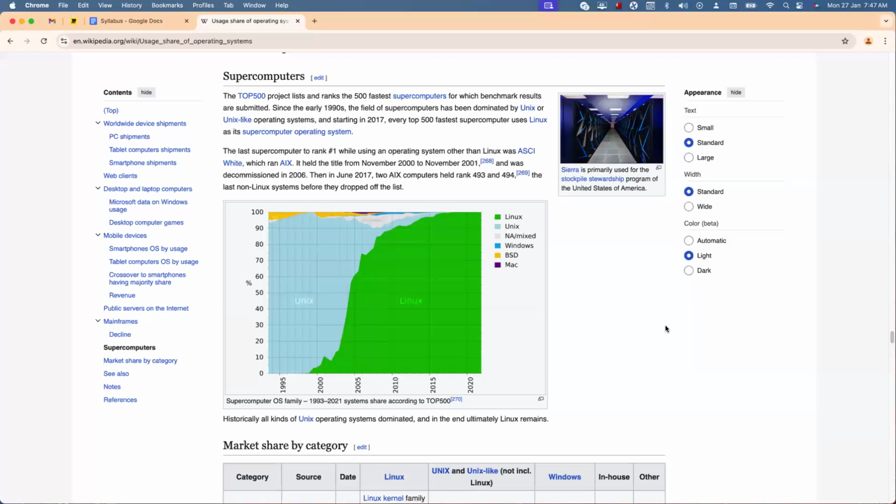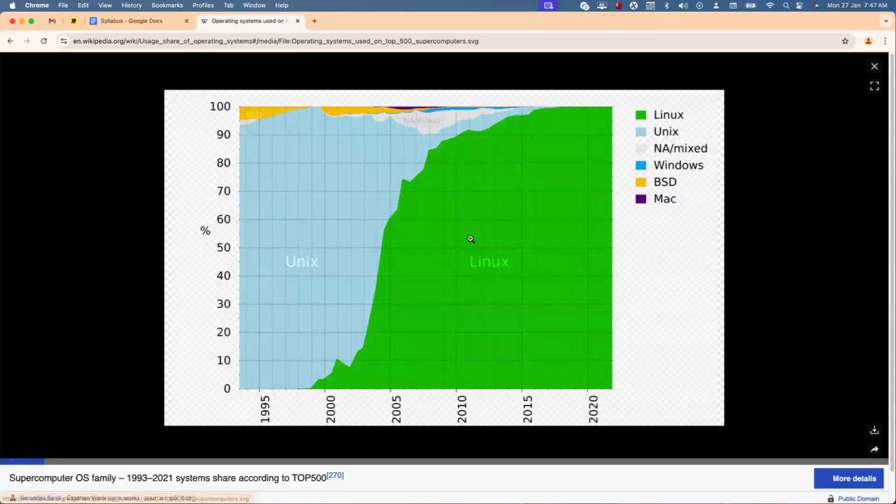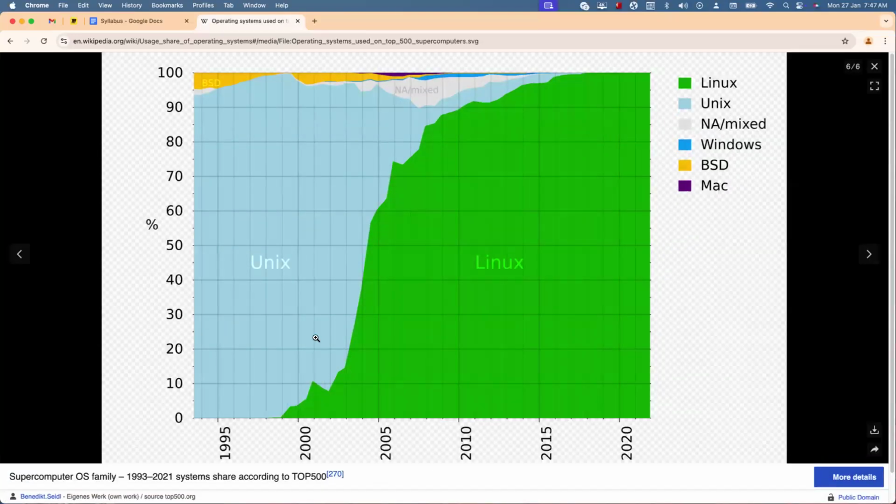If you look at the big servers, this data is about the big systems. Earlier it was dominated by Unix, and slowly it was replaced by Linux. It's almost 100% Linux. So Windows' presence in that area is very small.